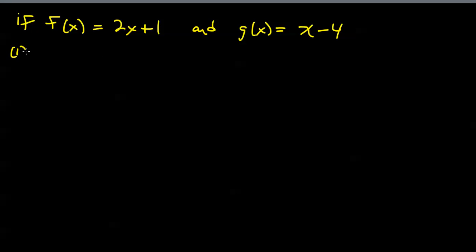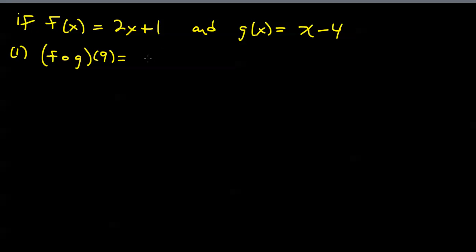Let's say number one, I'm going to ask 3 questions about these two functions, all involving composition. Find f of g of x. Oh, I'm sorry, hang on a minute. I'm going to change that x, and instead of x, say a particular numerical value, f of g of, let's say, 9.